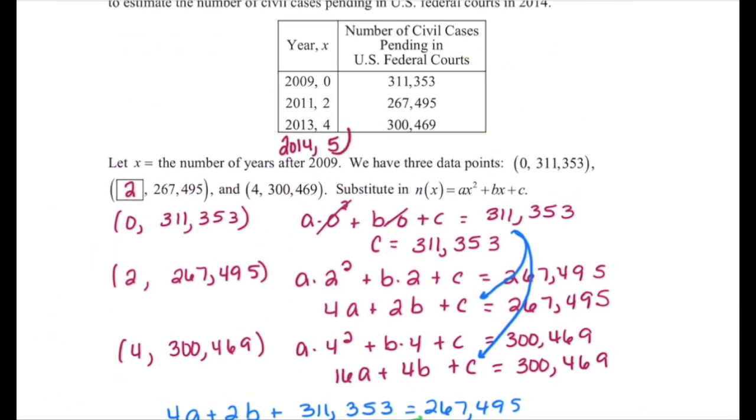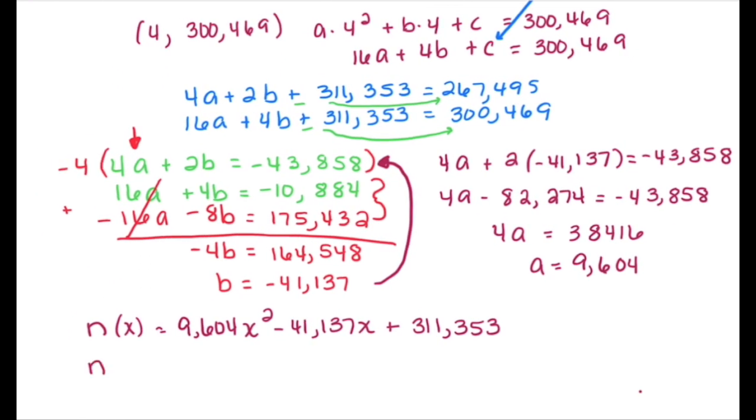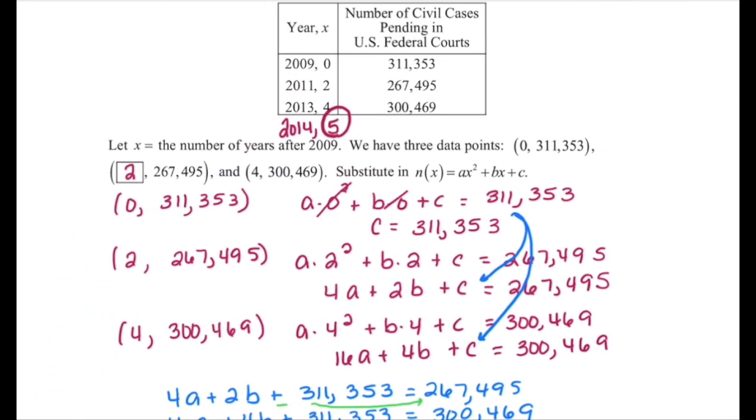So to do that, we just need to evaluate for our value of 5. So n of 5, when I replace all my x values with 5, it estimates at about 345,768, which when we look back at our data appears to fall in line appropriately with the values that are given. And this concludes our lesson on solving systems of equations in 3 variables.